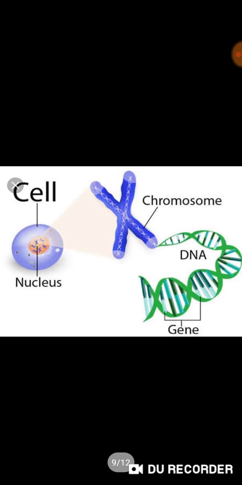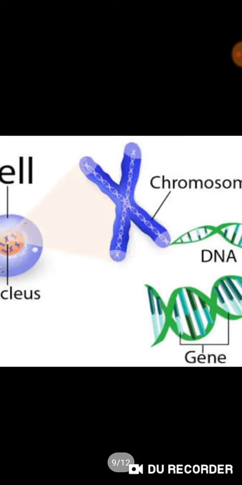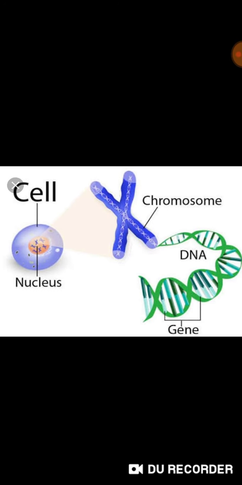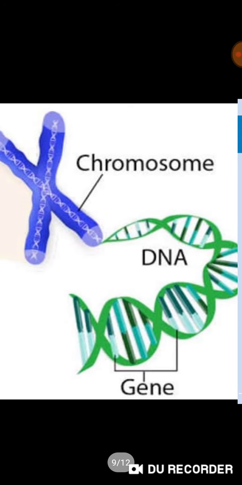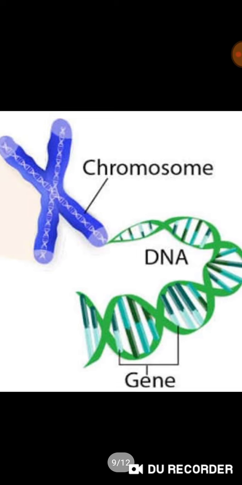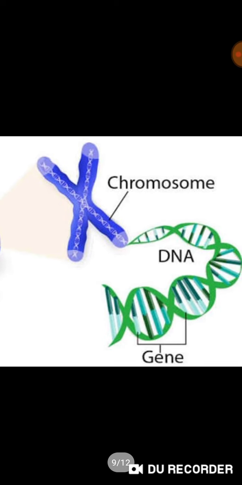This chromosome contains DNA. Inside the chromosome there is DNA, and DNA has several genes in it. You can see here the gene. There are several genes in DNA. Clear?